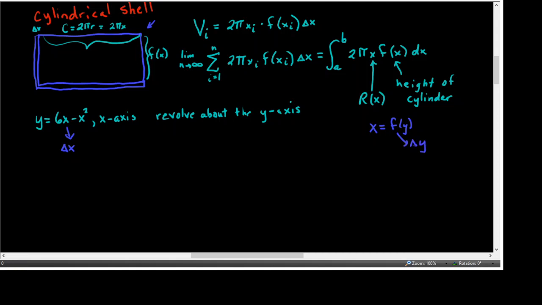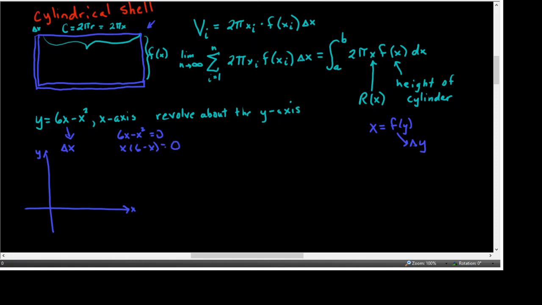So what I would do is draw a picture of the graph of this. This is a parabola that opens downward because the coefficient of x squared is negative. If I set the function equal to 0, that will allow me to find the x-intercepts. Common factor being x, leaves 6 minus x.